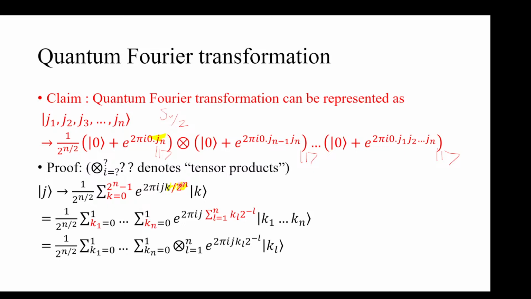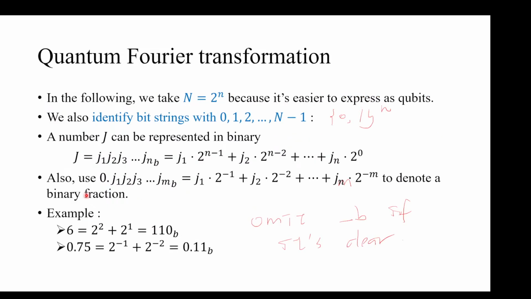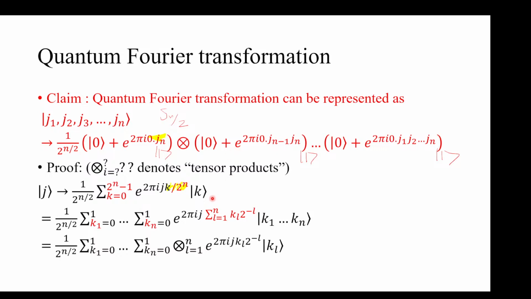Okay, and just as before, we say we have an equivalence between a number. So here k is a number between 0 and big N minus 1. And then we use this equivalence. We want to identify a bit string with a number from 0 to N minus 1. Okay, so we change k to a bit string of k. So it's some bit string k1 to kn.